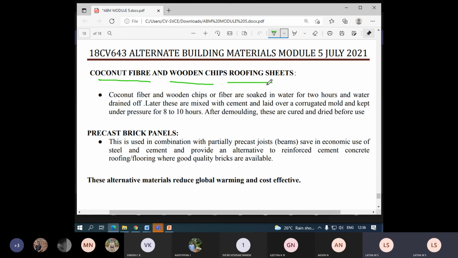chips and the coconut fibers which have been soaked for 2 hours and water is drained out. Later they are mixed with some amount of cement and molded in a very good plate, a rectangular sheet like this.